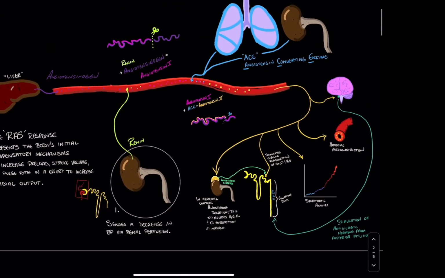So this is one of those feedback loop mechanisms. As the blood pressure stays low, it's going to keep pumping out this renin from the kidney. But once the kidney is able to sense that the blood pressure has returned to normal and is maintained, it's going to cut off that supply of renin, and then the system auto regulates and shuts itself off.